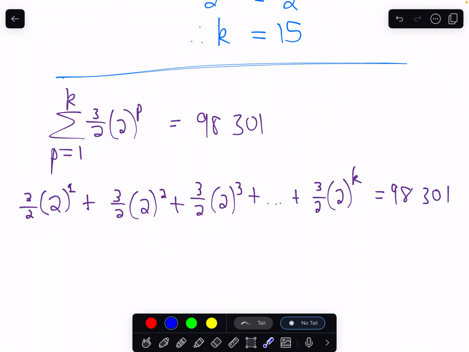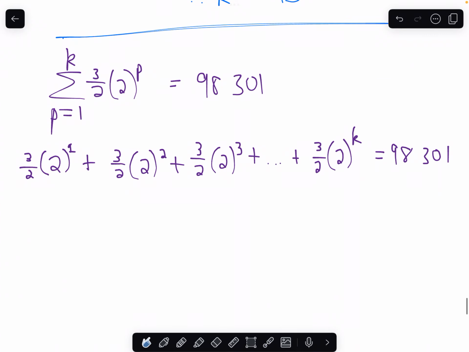But from here, I think it's clearer to see that you have a geometric series, right? To go from this term to this term, you're timesing by 2. The only thing that's changing is this exponent. And to go from this term to this term, again, this exponent is increasing by 1, so you're timesing by 2.